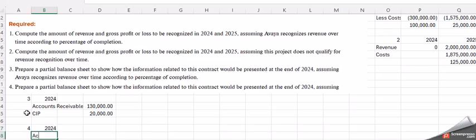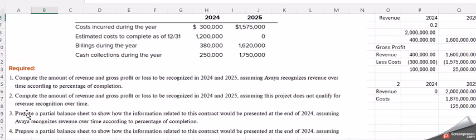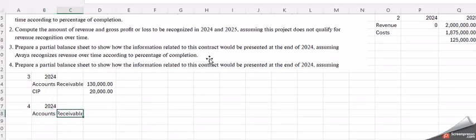So then we'd have the accounts receivable. Same thing as above, though, because that's happening whether we're recording the revenue or not. We're billing them progress billings as the job goes on, and they're paying us. So that part would be the same. So it would still be the 380,000 minus the 250,000 that they paid.